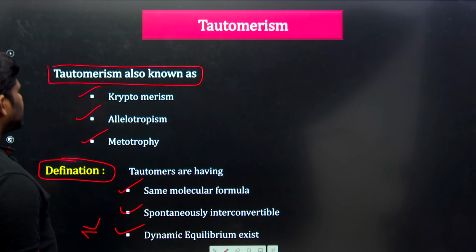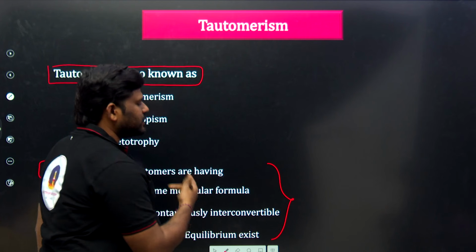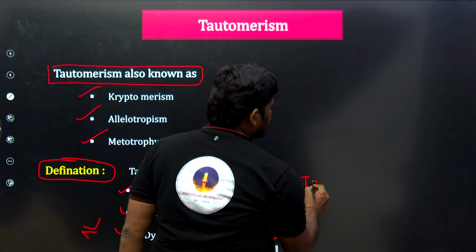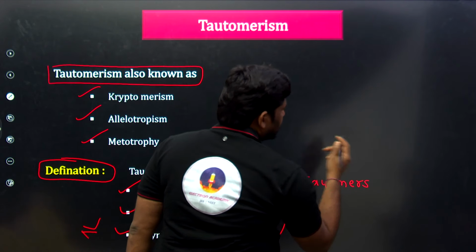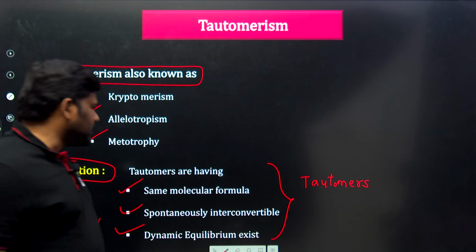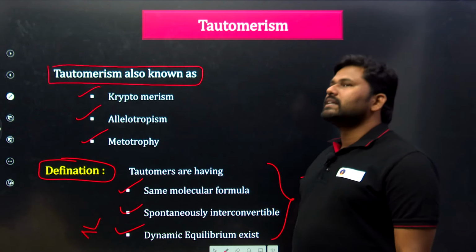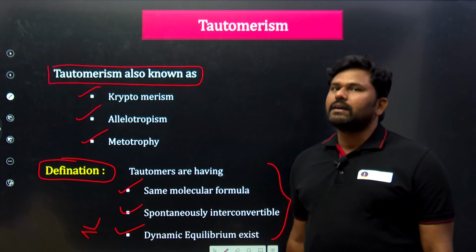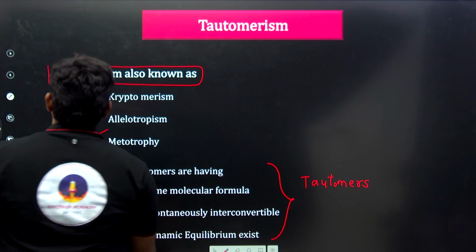Any 2 compounds showing this are called tautomers, and this phenomenon is known as tautomerism. What is the definition? Same molecular formula, the compounds are spontaneously interconvertible, and a dynamic equilibrium develops between them. Those are called tautomers.